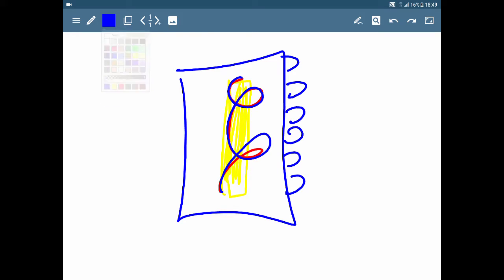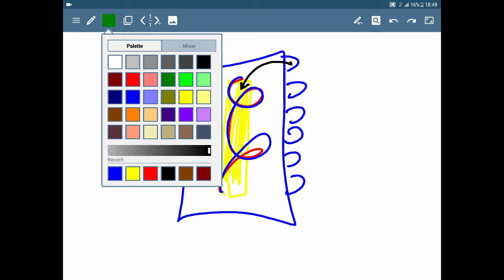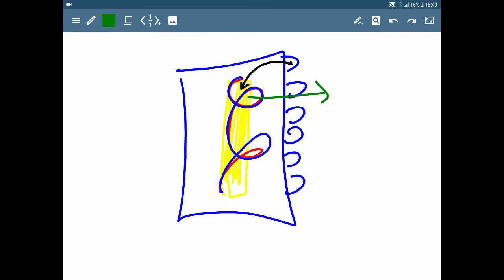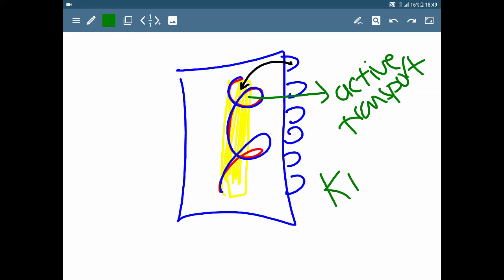Now, for the absorption of glucose from here to the lacteal, you need active transport. And this also happens in kidney tubules.